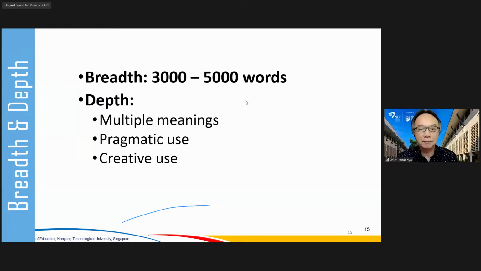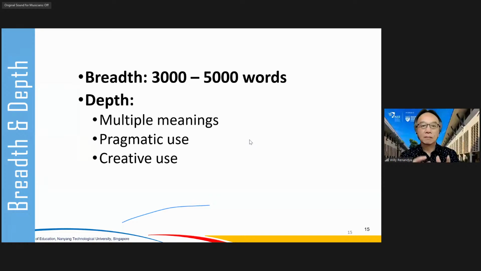Depth refers to understanding how a word is used in a variety of contexts and how the meaning of that word can change depending on how you use it, to whom you are using it, to discuss what topics, and things like that. That is what I have learned from the literature, and from my own experiences learning the vocabulary of Bahasa Inggris or English words.